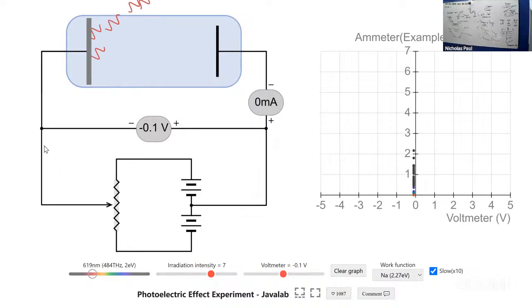Why? Because the red light has a longer wavelength, so it's slower, and then we have lower energy. Very good. That's a real simple, nice, perfect explanation.